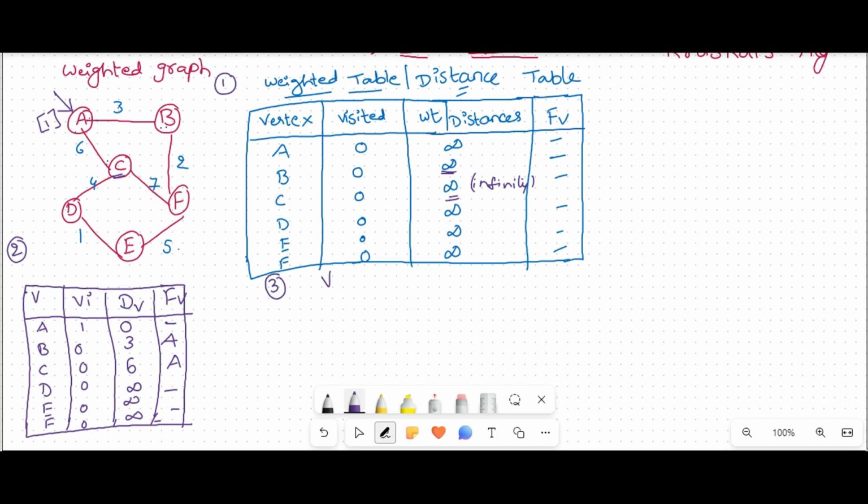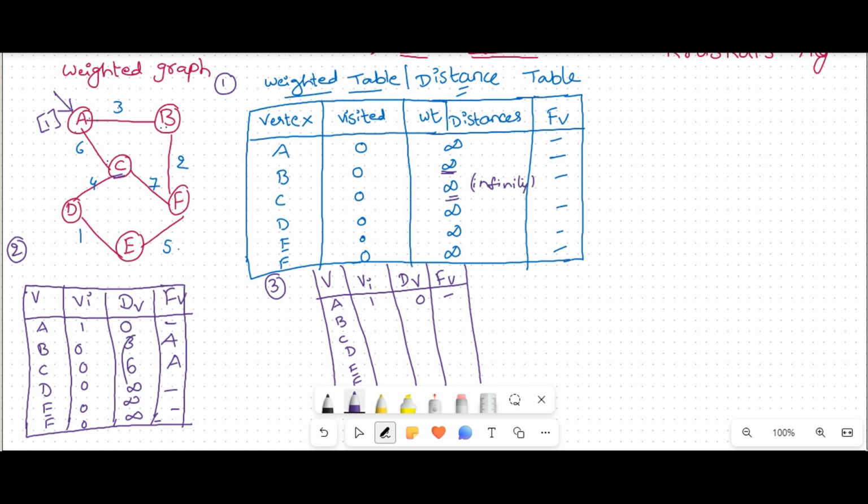Now the third step. Again the same table: vertex, visited or not, distance from the vertex, with A, B, C, D, E, F. Vertex A is already visited, so write that as it is. Next, which vertex do we have to visit?